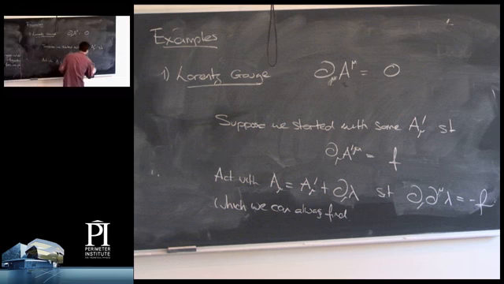And all you've got to do is make sure that this gauge transformation satisfies the following. It's almost like a massless Klein-Gordon equation, but you pick a lambda so that it's just the Laplacian, the Minkowski Laplacian is equal to minus f.